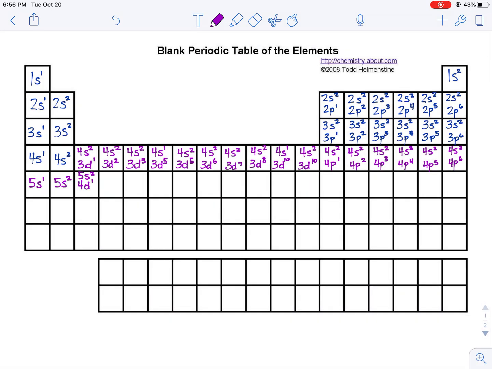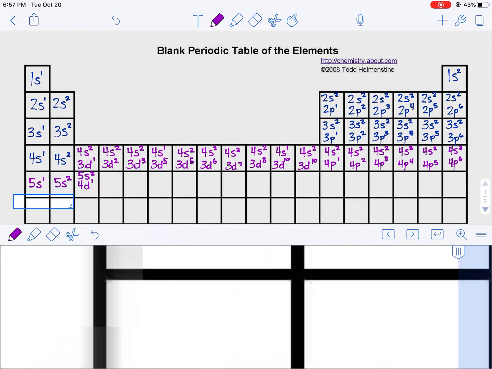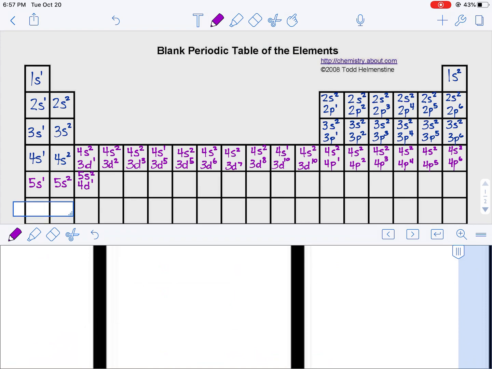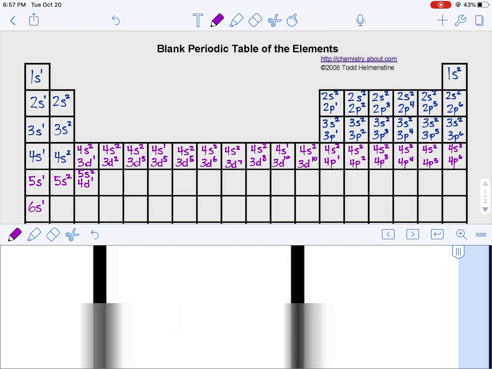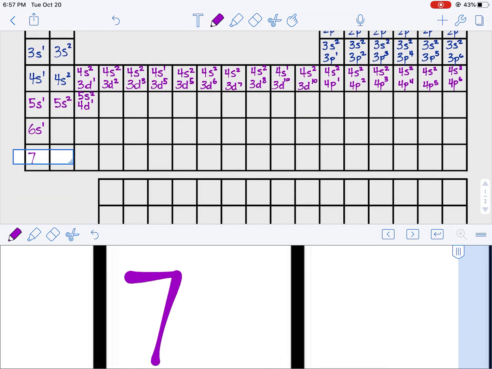So let's pause for a second and look to see if we can come up with some other patterns. I'm sure you're able to look going downwards. For example, we could predict correctly that the information in this next box will say 6s1, and information in the box below that will say 7s1.